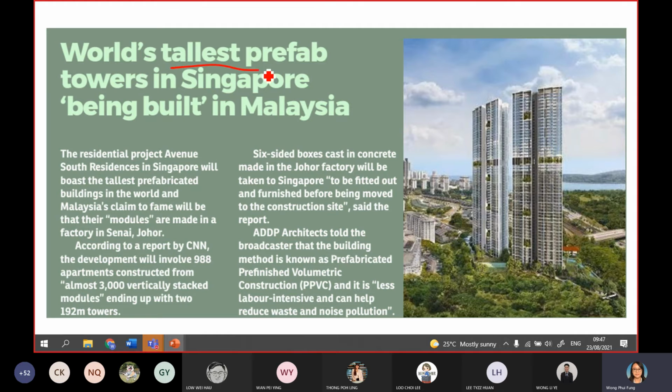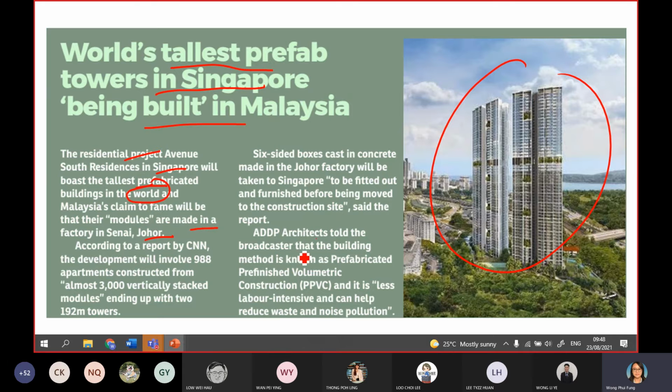The world's tallest prefab tower in Singapore was actually built in Malaysia. So this residential project in Singapore is the tallest prefabricated building in the world. And Malaysia's claim to fame is that the modules are made in Johor, Senai. So this building is assembled in Singapore, but built at the factory in Johor.